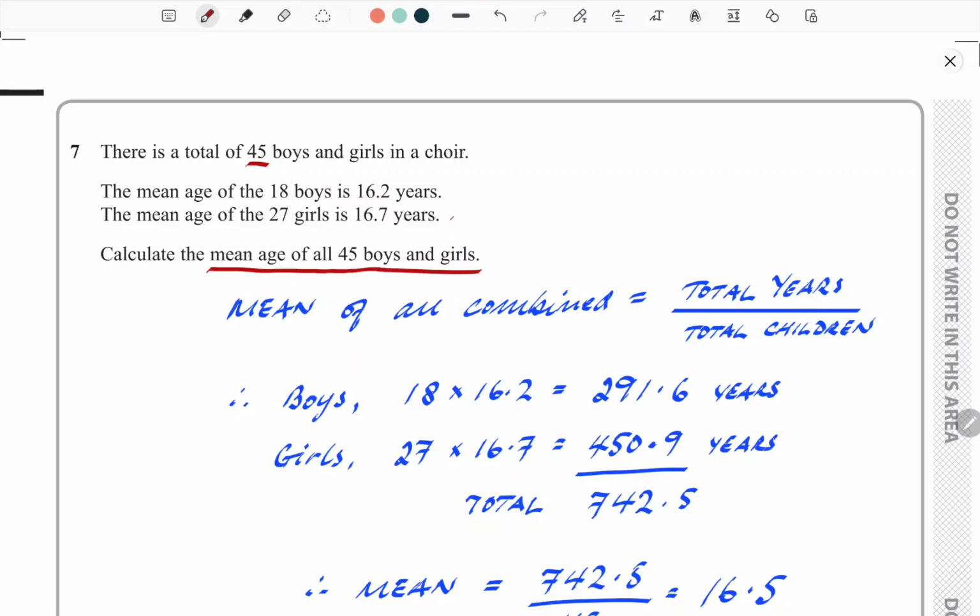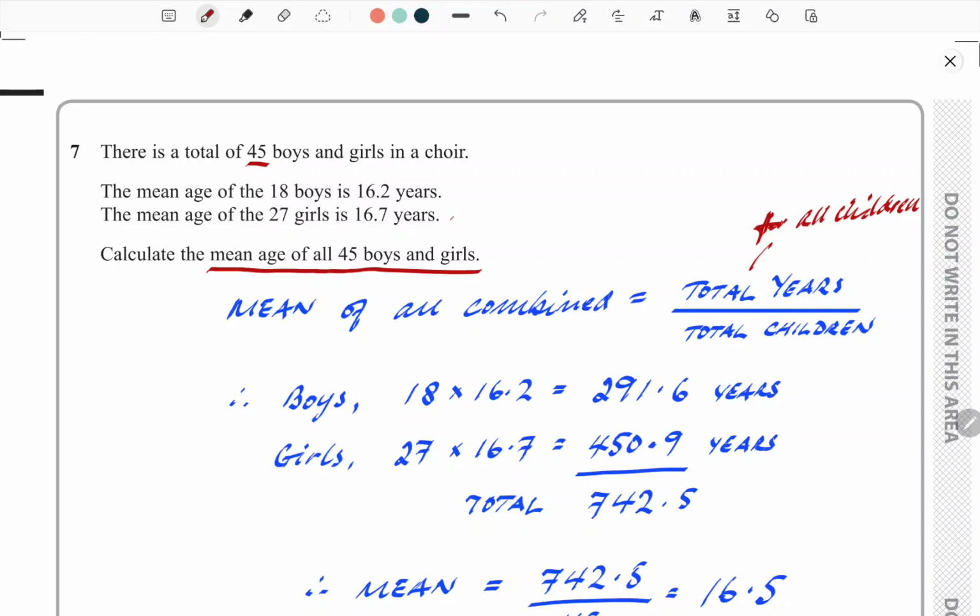Whenever you've got separate means like this, the combined mean, you always have to calculate the individual totals first for each group and then combine them. I'll show you how. So the mean of all of them combined is the total years for all children, divided by the total number of children, okay?